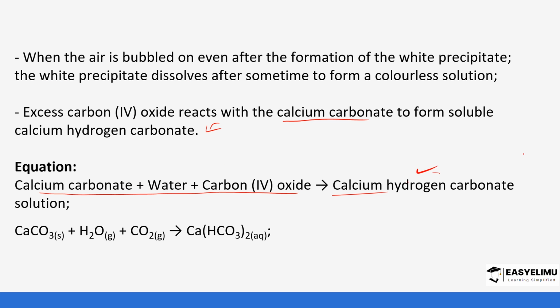When you look at the chemical equation, you can see what is happening. This is colorless in solution. So if we take the white precipitate and continue bubbling more air, it's going to turn from white precipitate into a colorless solution. That colorless solution is called calcium hydrogen carbonate, as you can see from the equation.